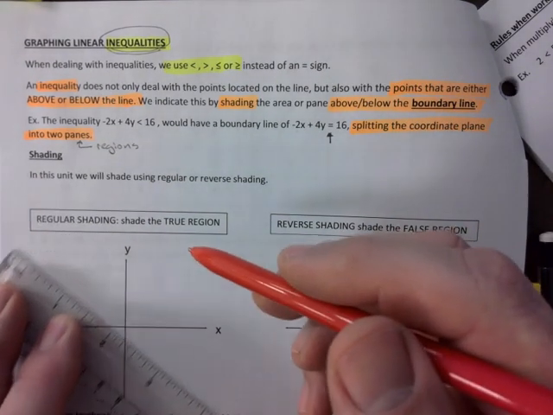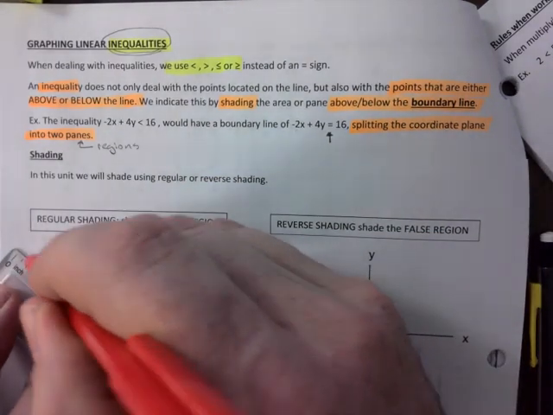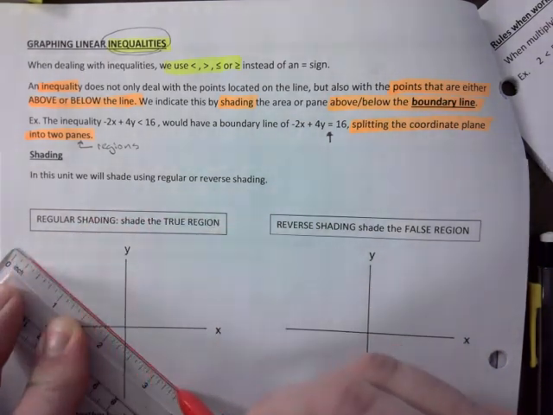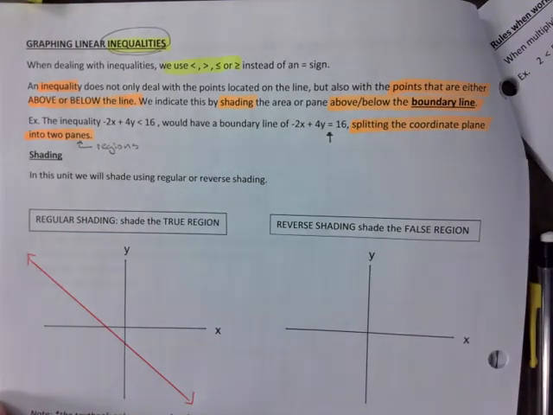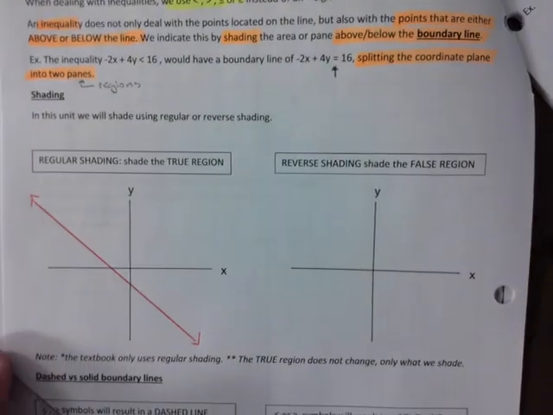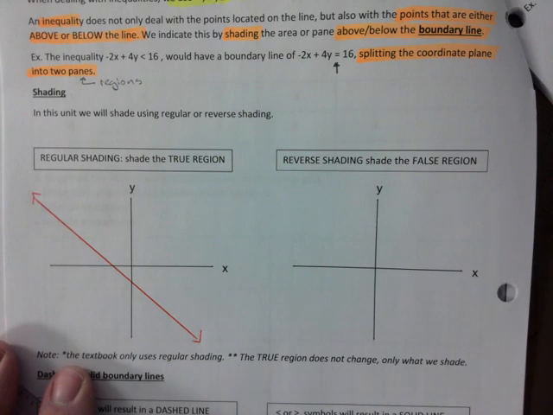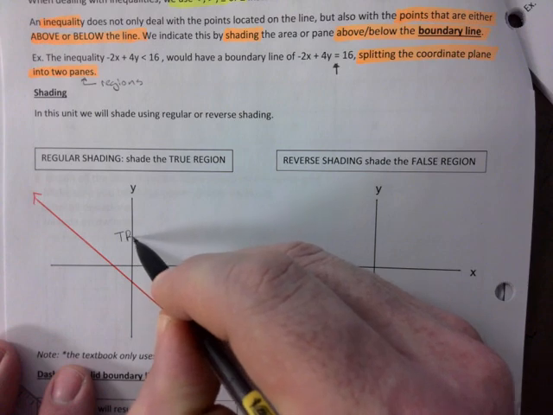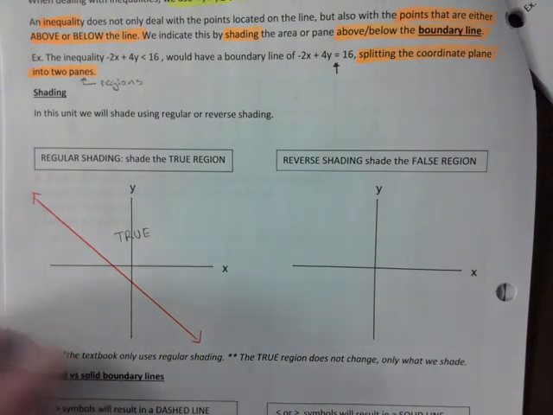It doesn't matter really where it goes, but if we were to put it right about there, just make a line. So you determine that the boundary line is here. And let's say that in this particular case, the true region is above the line.